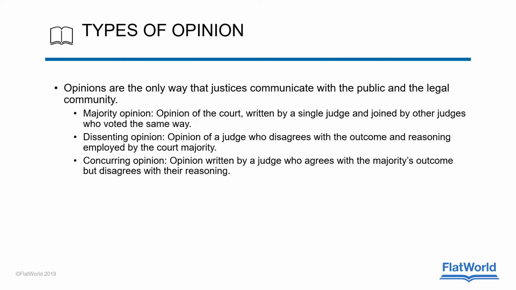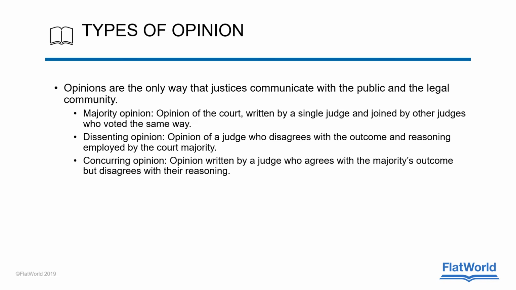A dissenting opinion is an opinion of a judge who disagrees with the outcome and reasoning employed by the court majority. It exists to state an alternative view of the case and can be cited, and oftentimes will be cited, in other future cases that are similar.